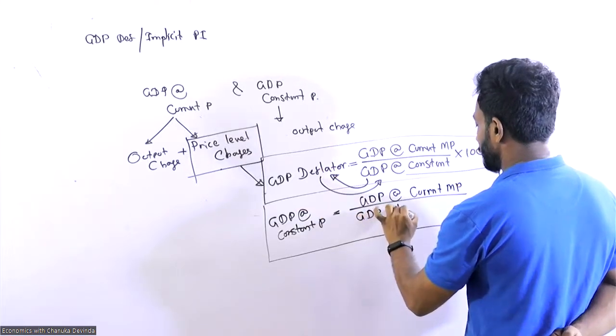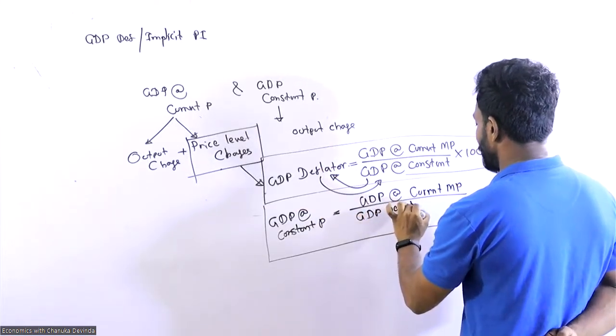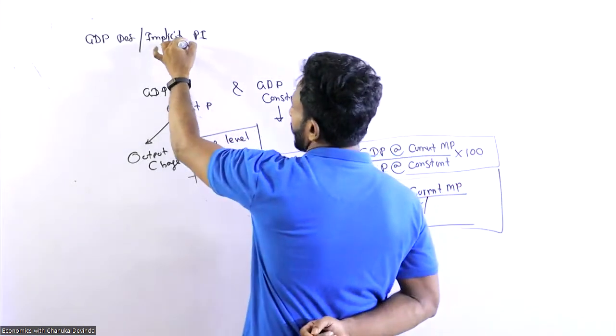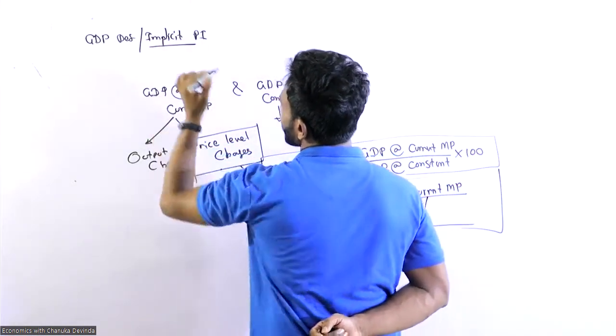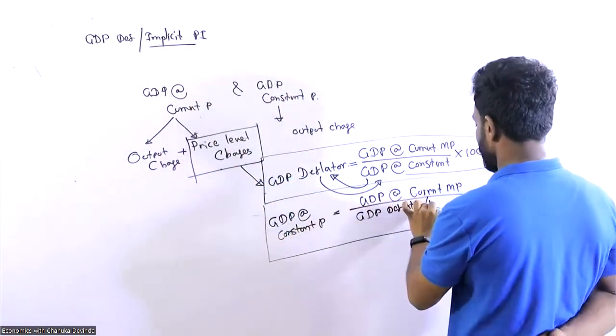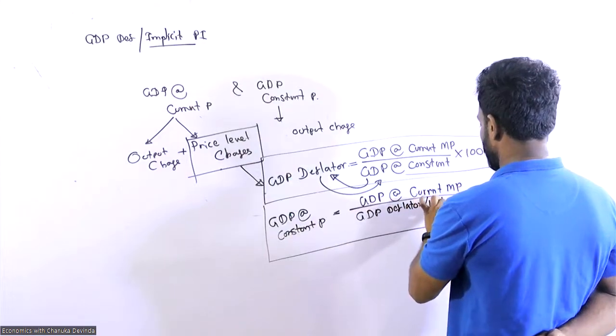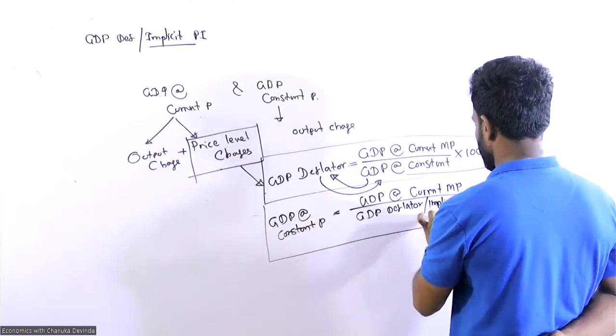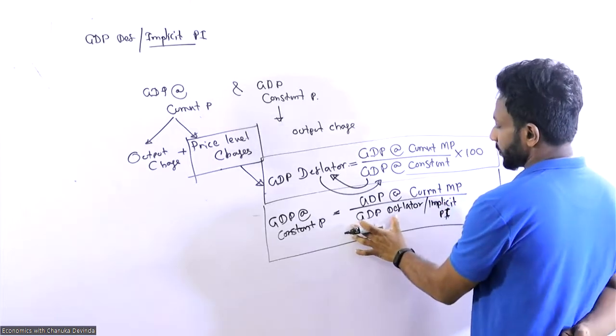GDP deflator. But sometimes they will not say GDP deflator, they will use instead of GDP deflator this name, implicit price index. They will measure GDP deflator.